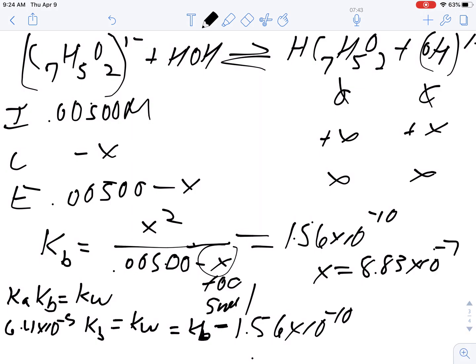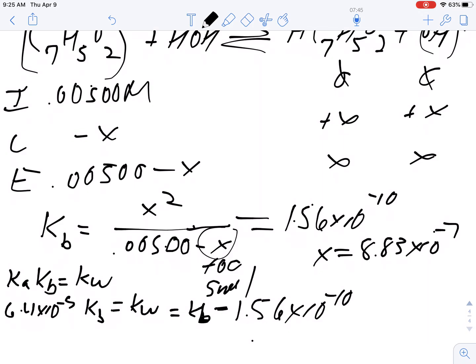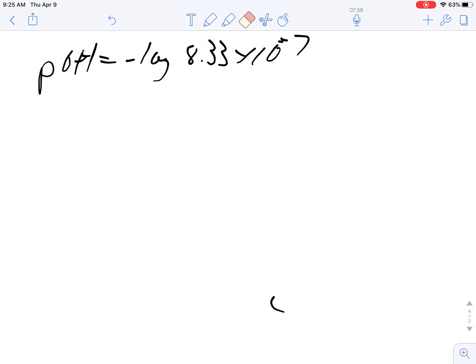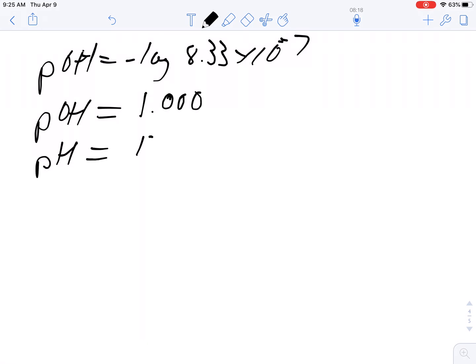And so then to find the pOH, and I get this, which means my pH is 13.